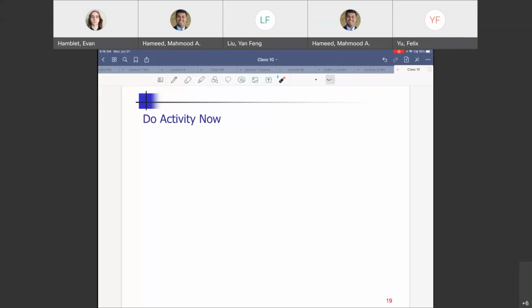Other questions? What is definitely going to be on the exam? Three things: C code, MIPS code, machine language. Going from one to the other, you should be comfortable doing that.